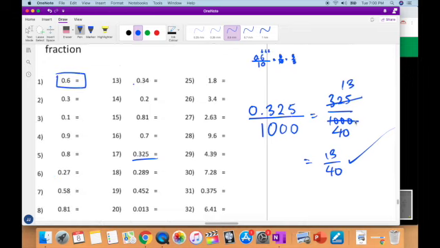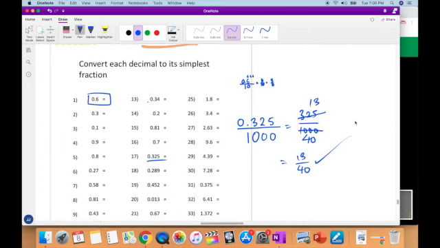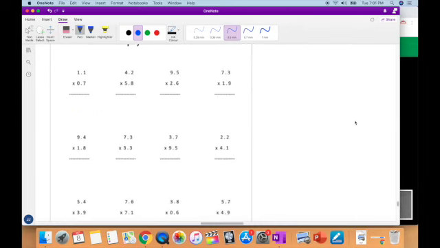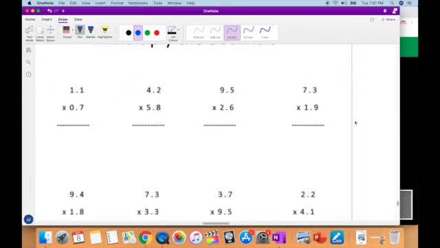Nice. So is everybody okay with converting a decimal into a fraction? Yeah. Right. Any questions? Nope. Well, on with it. Remember, this is just a revision of the simplest of the simplest. So let me see this one here.